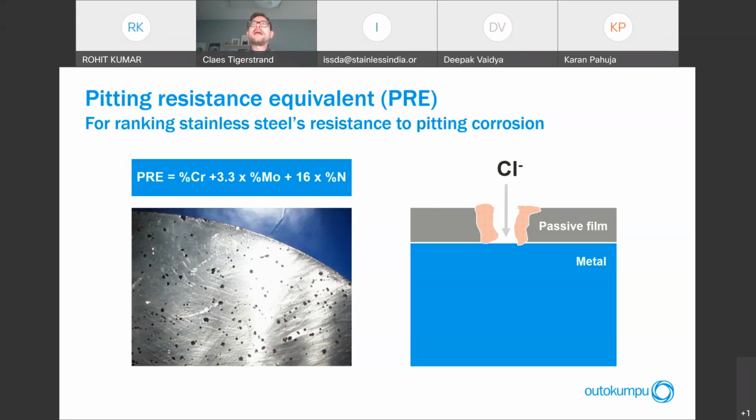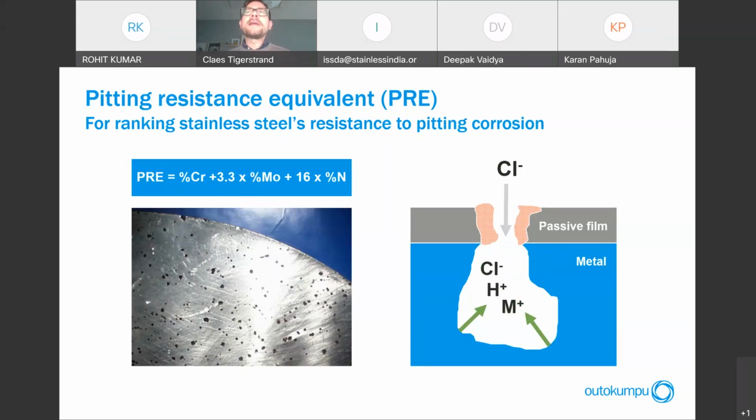defect. And what makes it worse is when the chlorides penetrate through the passive film, the metal ion will go into solution, and this will create an accelerating process where the pH will drop due to the metallic ion and the release of hydrogen ions, which are positive, and will attract more chlorides.